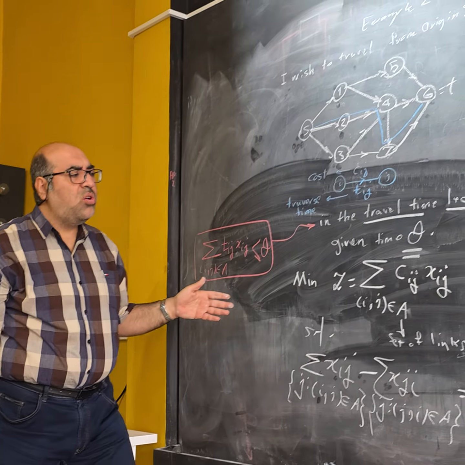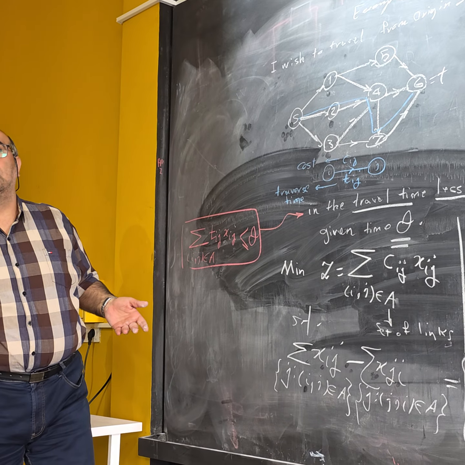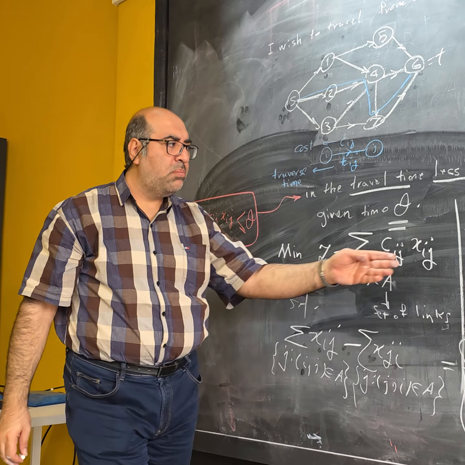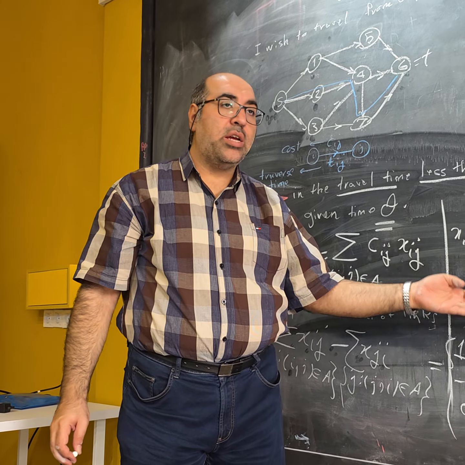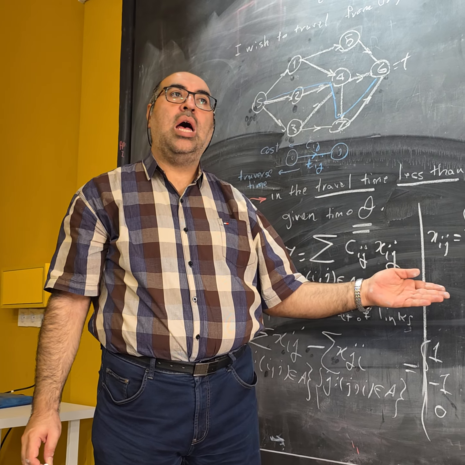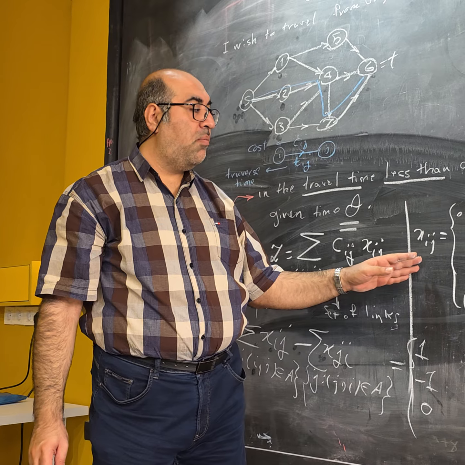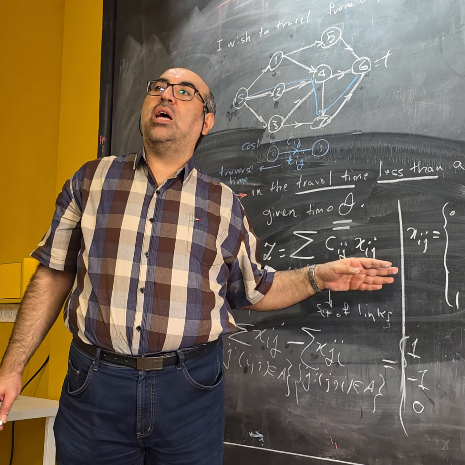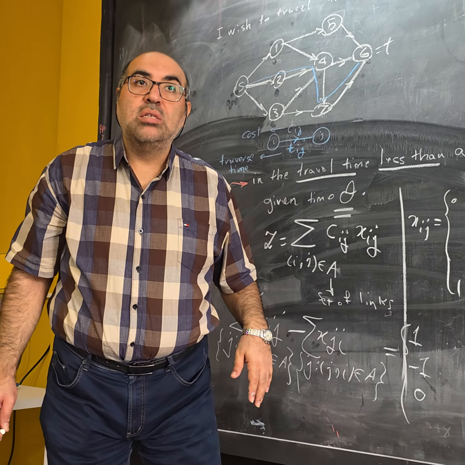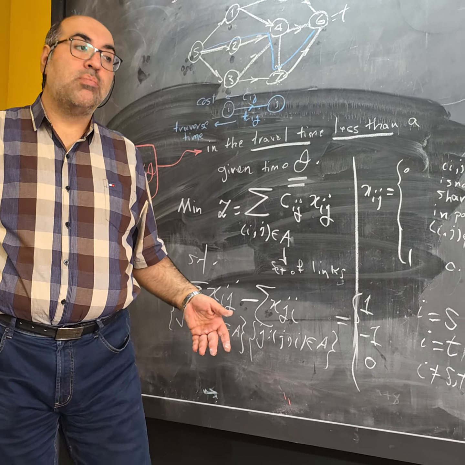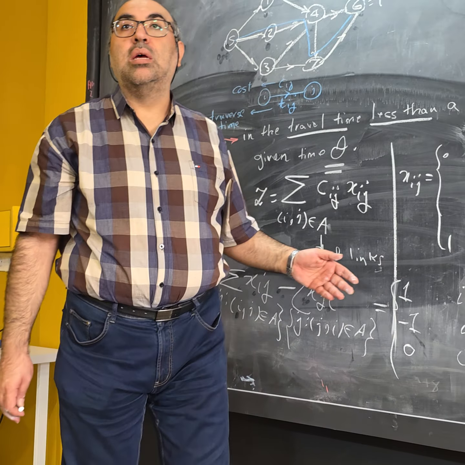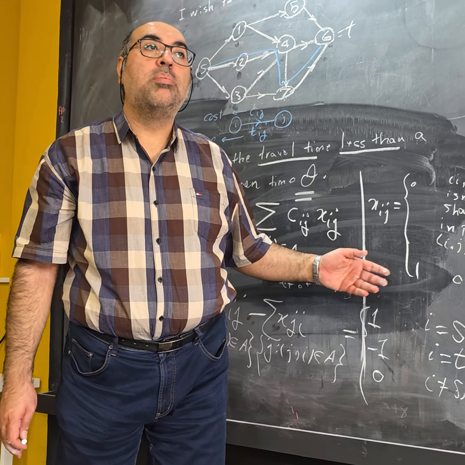I have a great number of constraints. I can ignore this binary constraint, and instead of binary constraint, I can assume that Xij is real and the corresponding problem is linear programming.